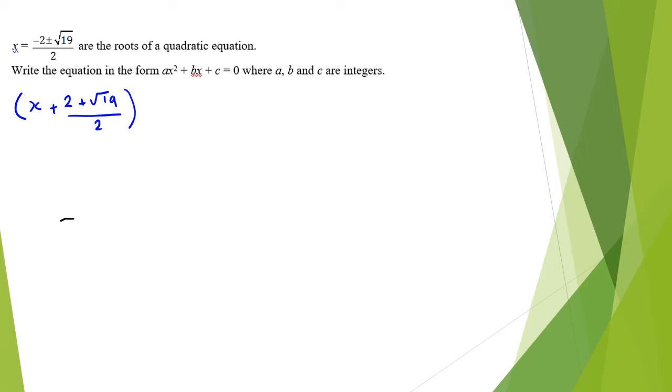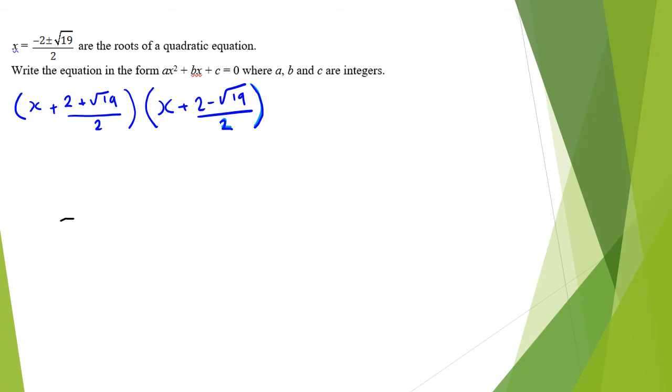The first factor is (x + (2 + √19)/2), and the second factor is (x + (2 - √19)/2).